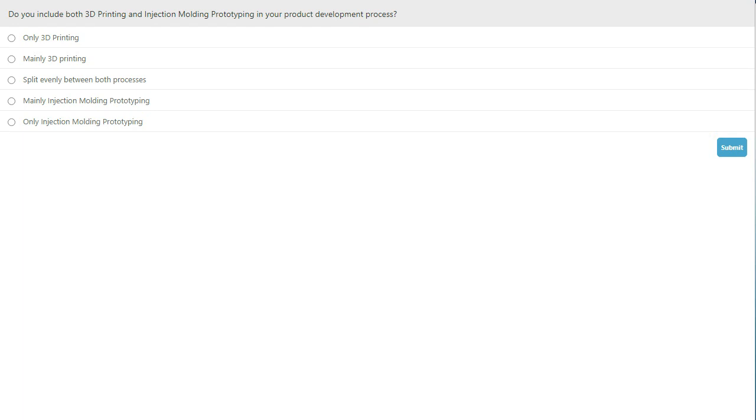Your options for an answer here are you only do 3D printing, you mainly do 3D printing, you typically split about evenly between prototyping in each of the processes, you mainly prototype via injection molding prototyping, or you only prototype via injection molding prototyping. So again, I'm going to give everyone a good 30, 45 seconds here, get some answers in, and give us some feedback on what your typical product development process looks like. One, the other, a little bit of both.